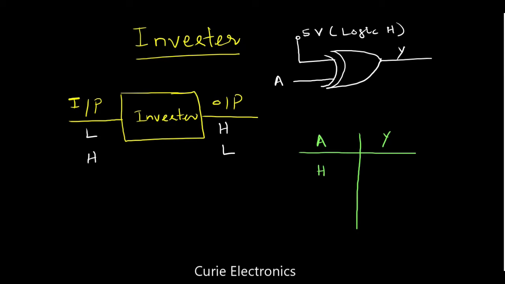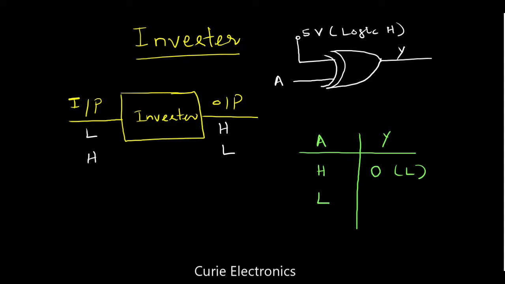If I give high, what do I get? If A equals high, meaning A is connected to 5 volt, logic high, then if both the inputs are high for XOR gate, we will get 0 at the output. That means we are getting low. If you give low, what happens? The other input is at high for XOR gate, so the inputs are different.